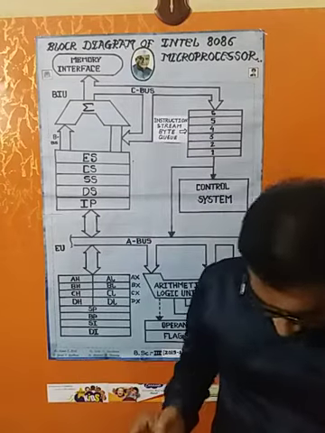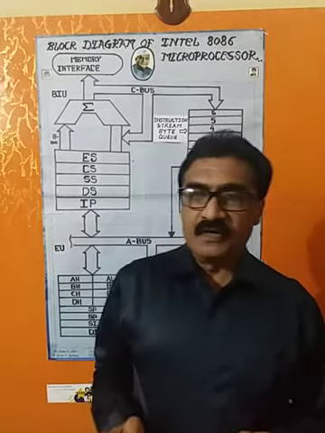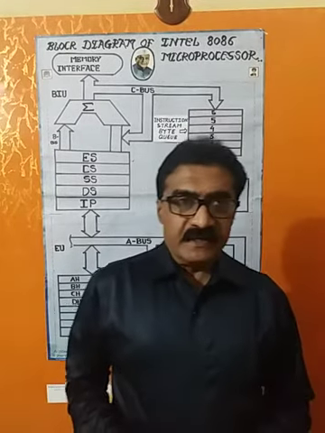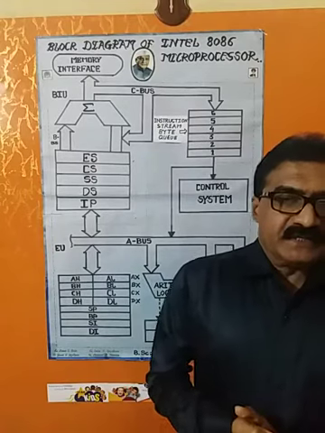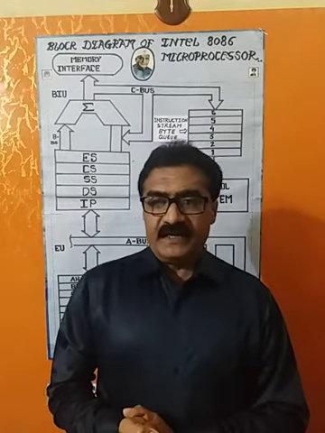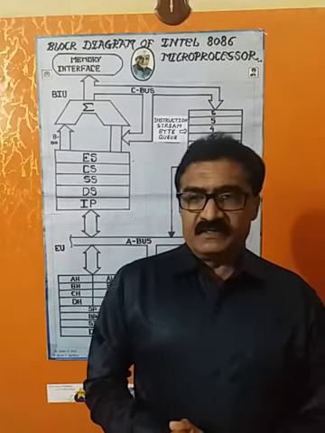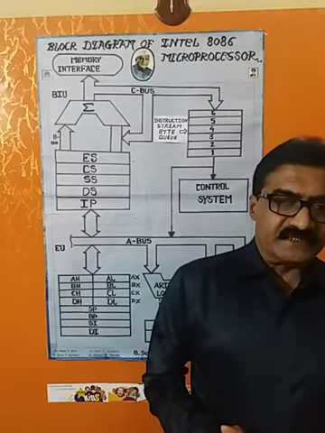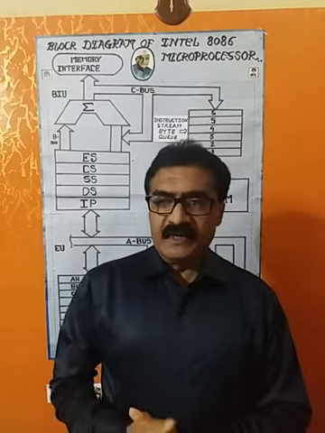Its electronic circuit consists of 29,000 transistors, and it is available in 3 versions, that is the 8086, 8086-2 and 8086-1.